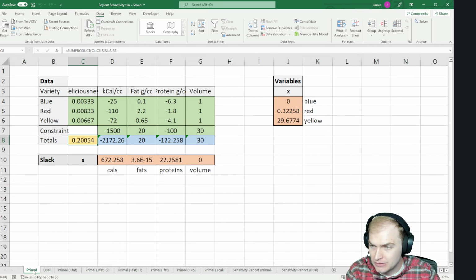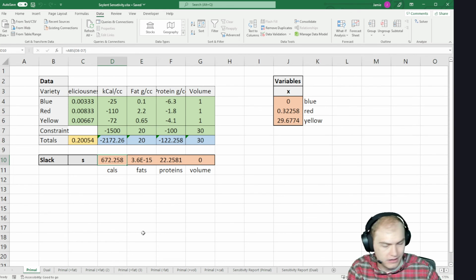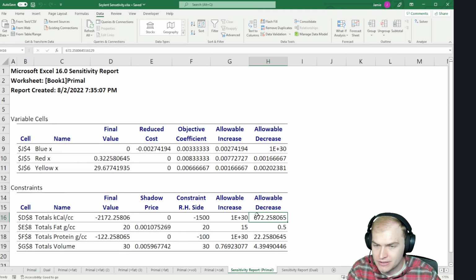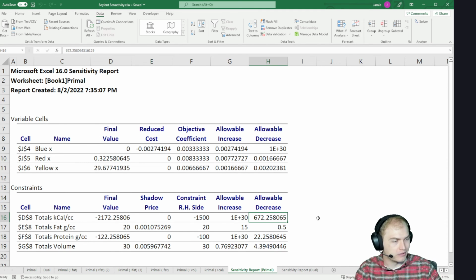If we look at the primal problem, we see that the slack in our first constraint is actually equal to the allowable decrease.